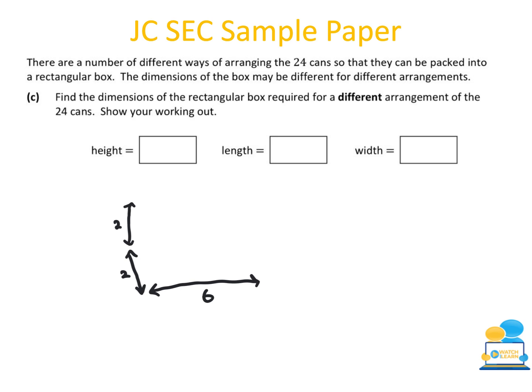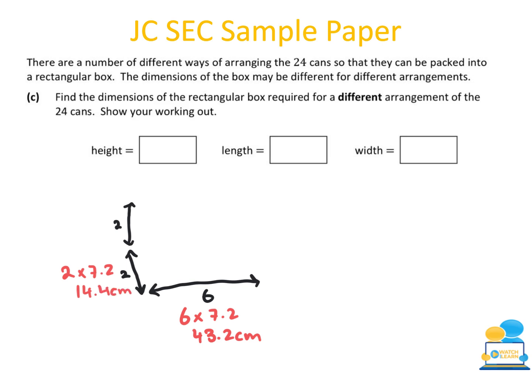So if I was to work out those dimensions, the length would be 6 cylinder diameters, so it would be 6 multiplied by 7.2, which would give me a length of 43.2 centimetres. My width would have 2 cylinder diameters going back, so it would be 2 multiplied by 7.2, which would give me 14.4 centimetres.